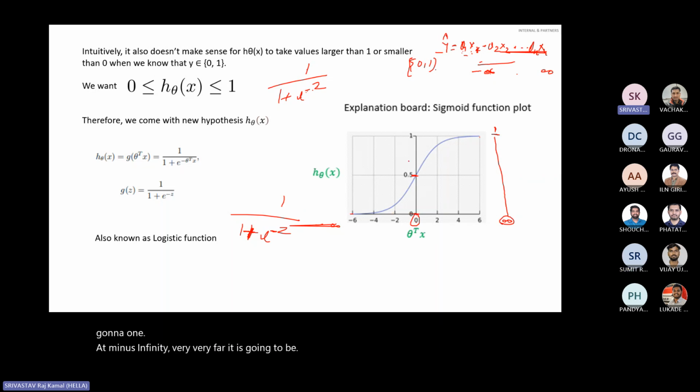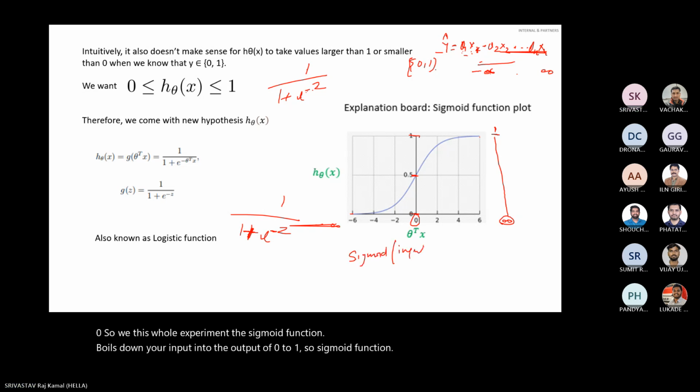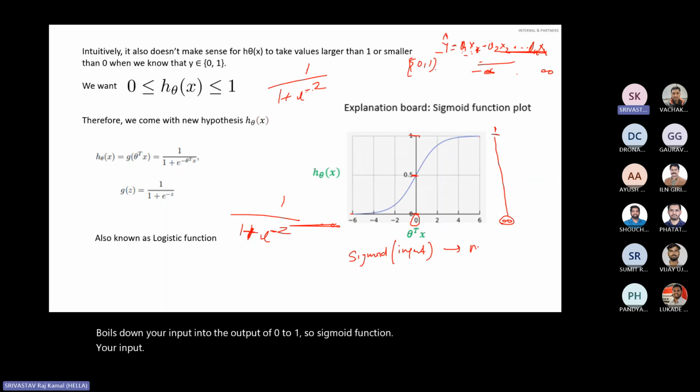So the sigmoid function boils down your input into an output in the range of 0 to 1. This is what we were thinking on a higher level.